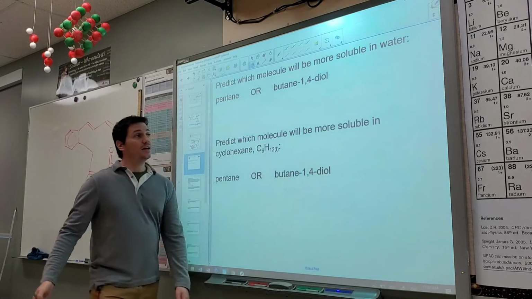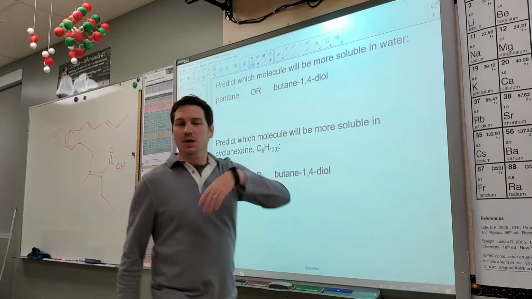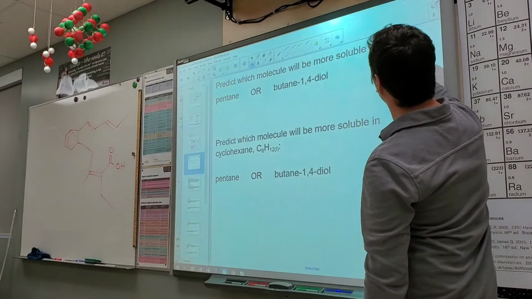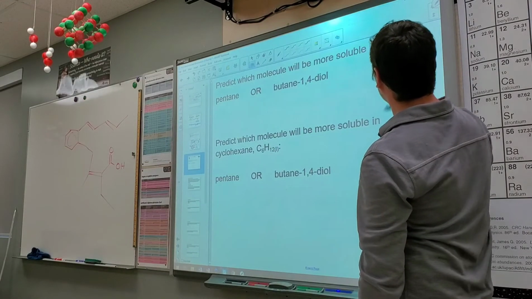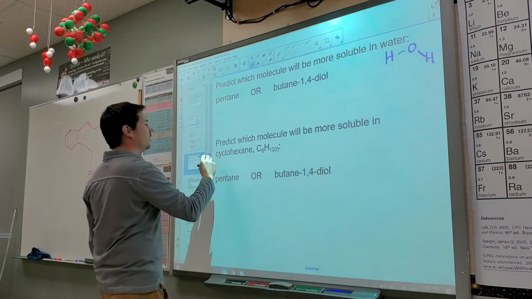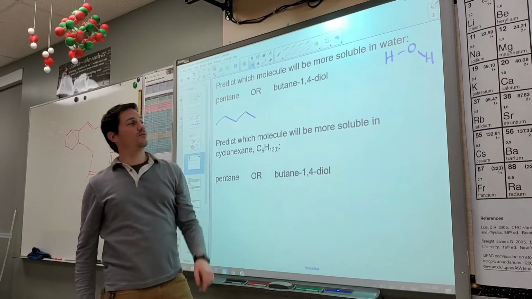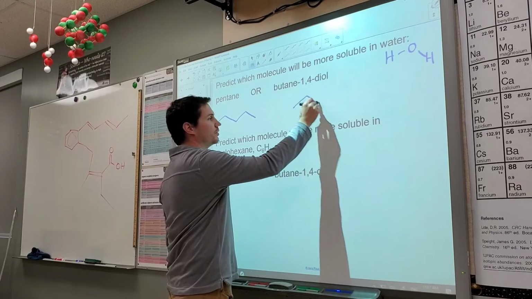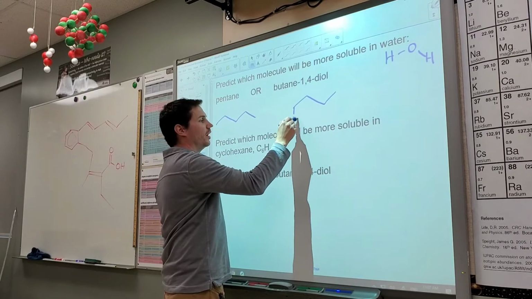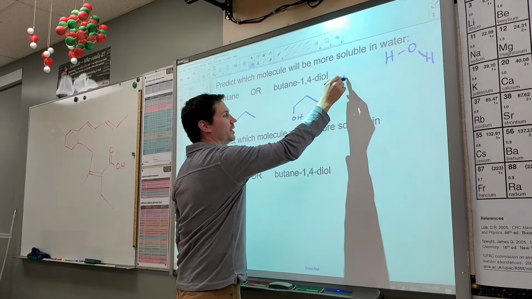Let's take a look at this. So which one's going to be more soluble? Remember, water looks like this, right? Pentane looks like this. 1, 2, 3, 4, 5. Butane 1,4-diol looks like 1, 2, 3, 4 with an OH and an OH attached to it.